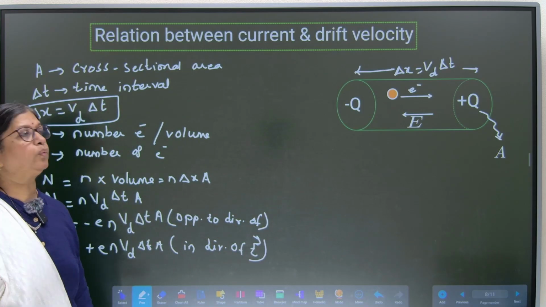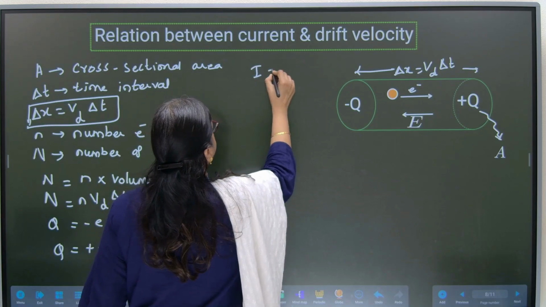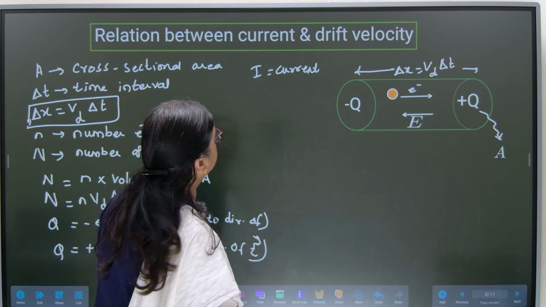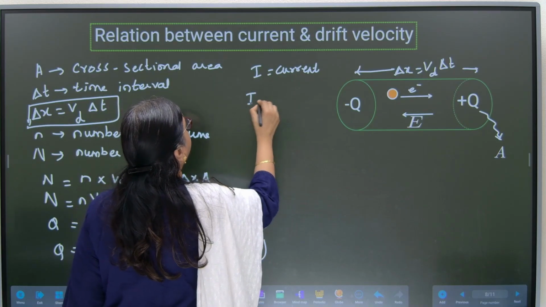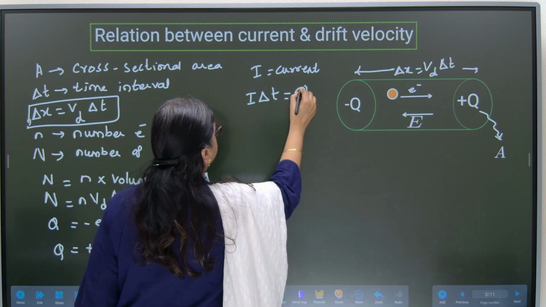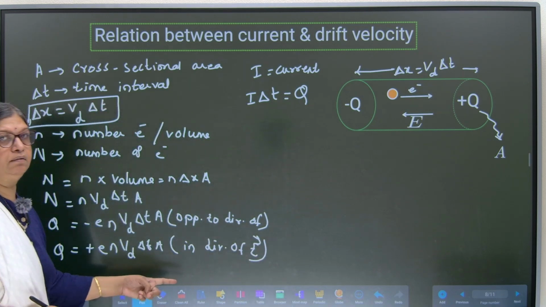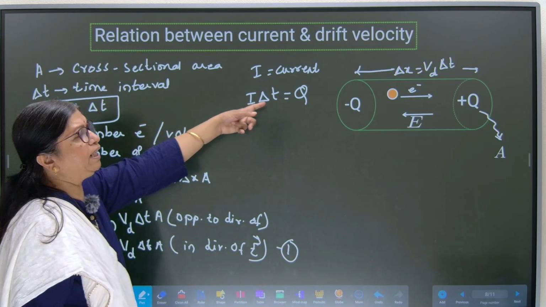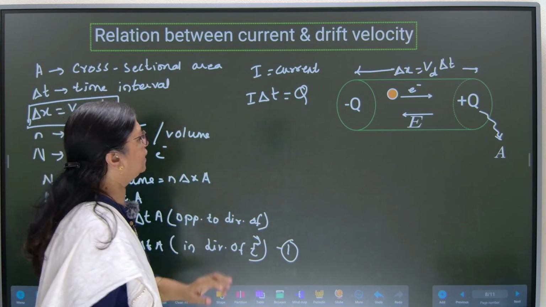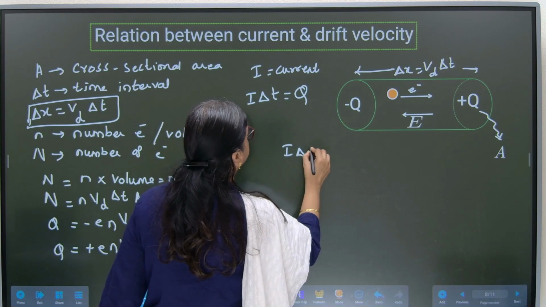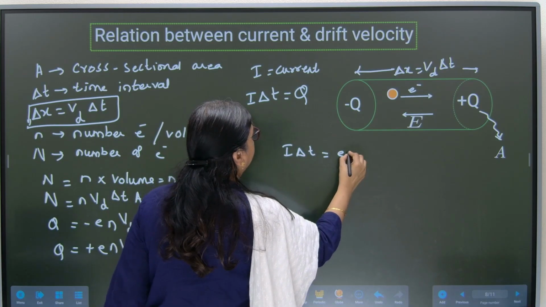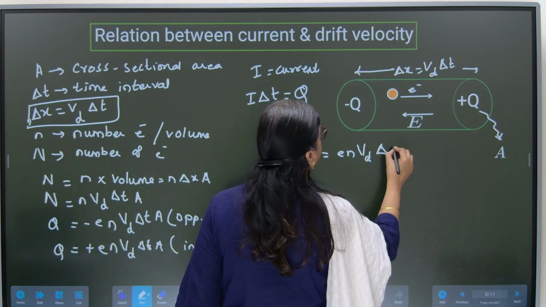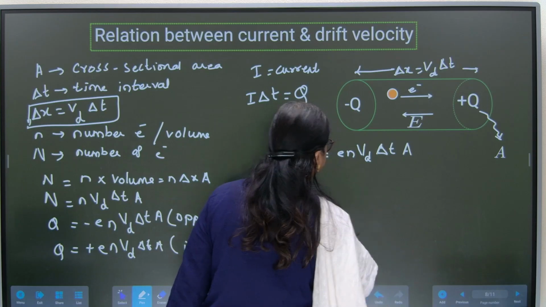Fine. So now if I is the current in the conductor, then according to the definition I delta t is equal to Q. Q is given, say, in equation number 1. Substituting it in the equation which we have just now written, we get I delta t is equal to e n Vd delta t A. Fine.